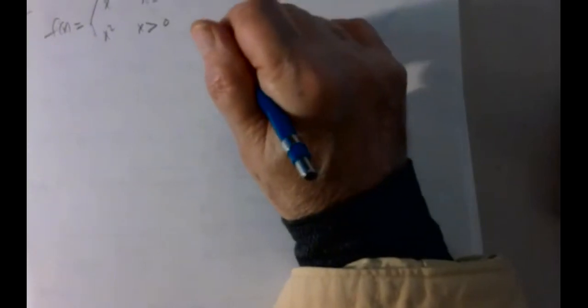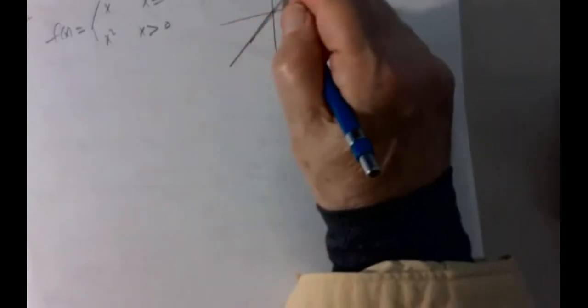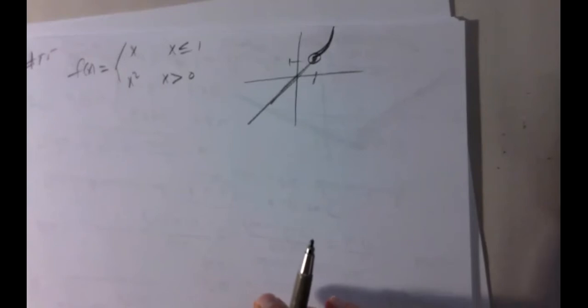Well, actually, in this case, it's no problem because when x is less than or equal to 1, this is just the line y equals x. And when x is bigger than 1, it's the parabola. And they both meet at x equal 1.